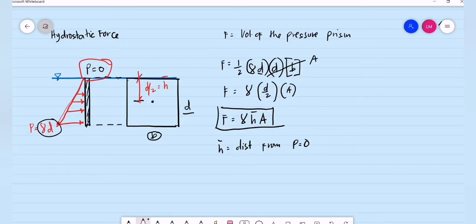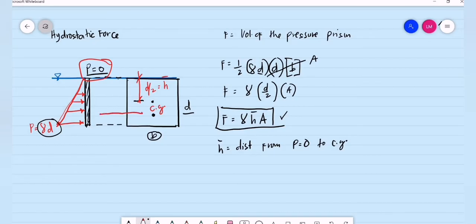If d over 2 for a rectangular portion, that is basically the center of gravity. So h bar is the distance from the zero pressure to the center of gravity of a given submerged surface. If the pressure on the surface is not equal to 0, take note that this is not applicable. Then, what is the location of the point of action of the total hydrostatic force?